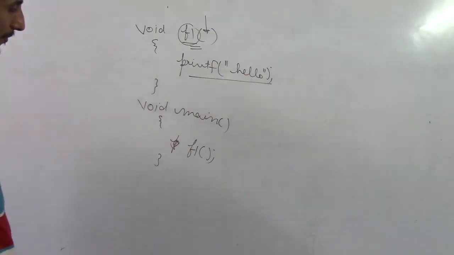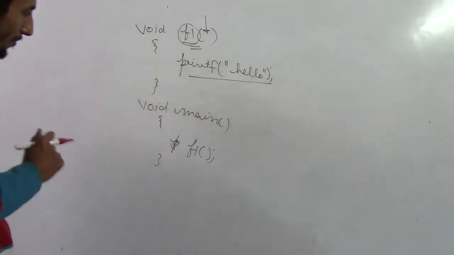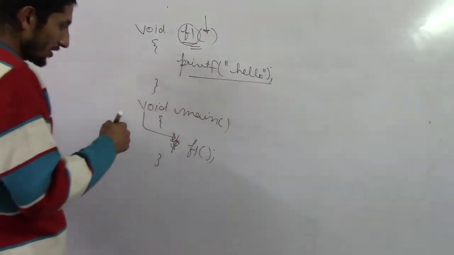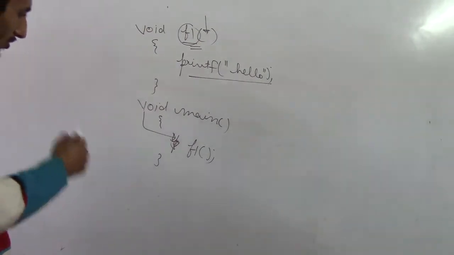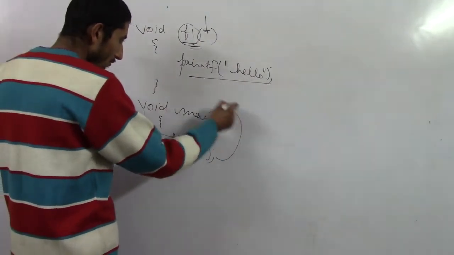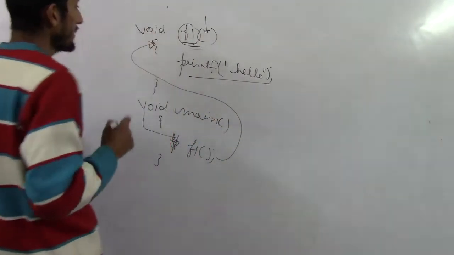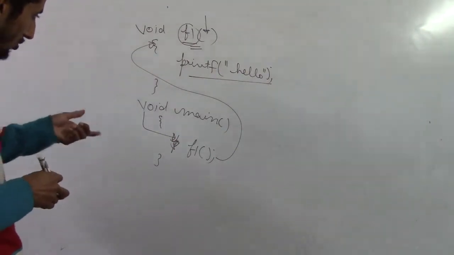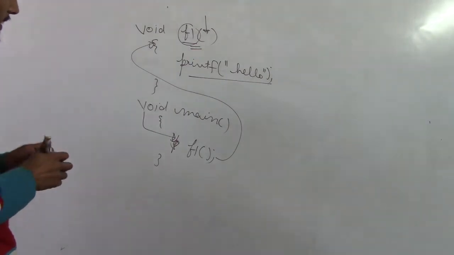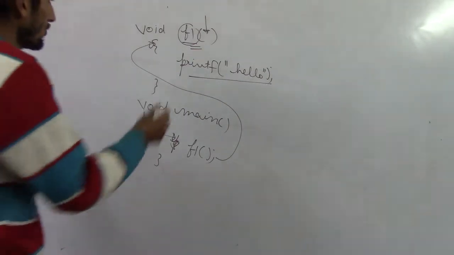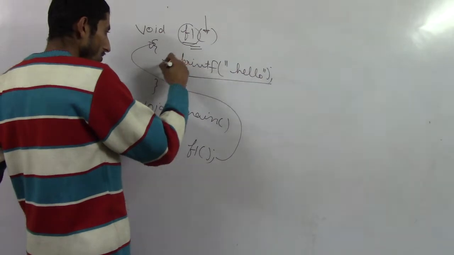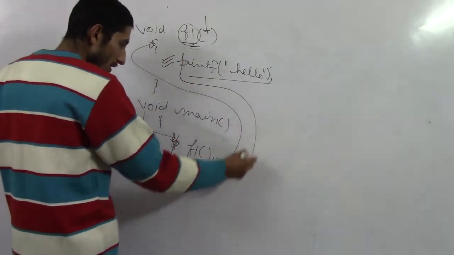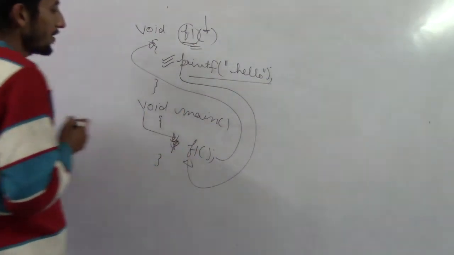The moment the compiler starts execution from main, it will see F1 is a function called inside the main, so the control will transfer from here to here. The compiler will stop the working of main and transfer the control to F1. Then the compiler will execute all statements of F1 and then return back inside the main.